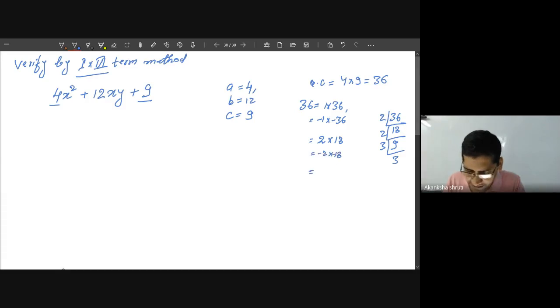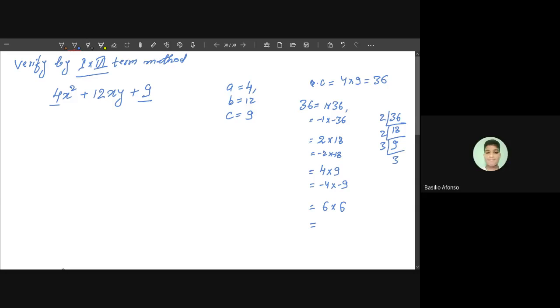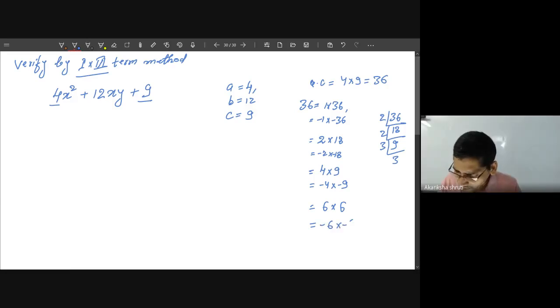This can also be written as 4 into 9, or minus 4 into minus 9. We can also write this as 6 into 6, or minus 6 into minus 6.